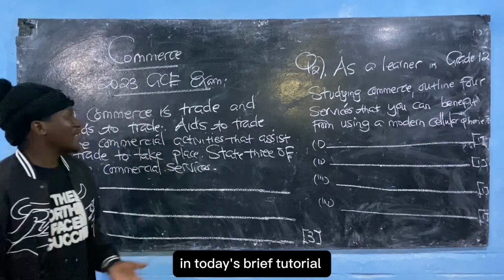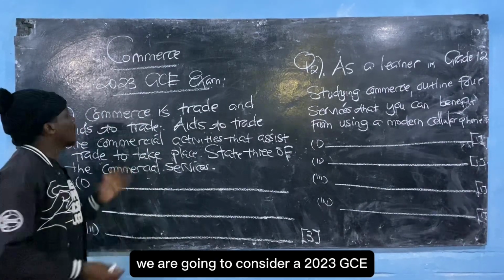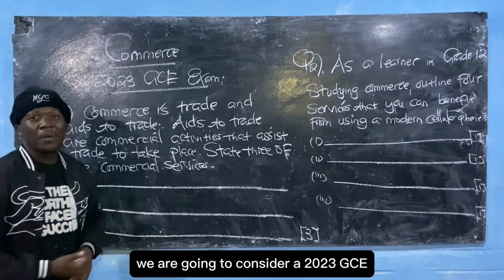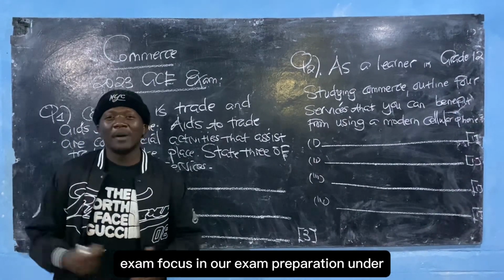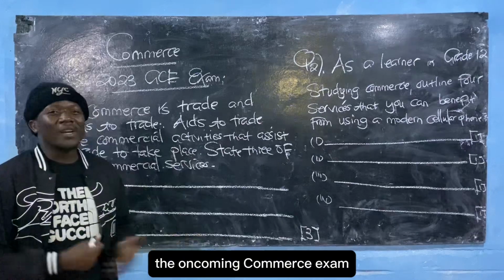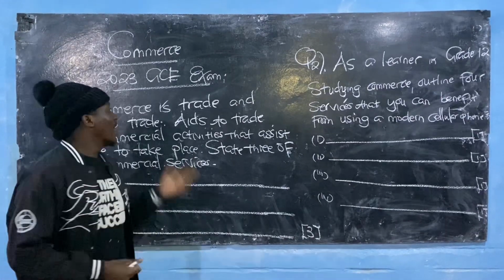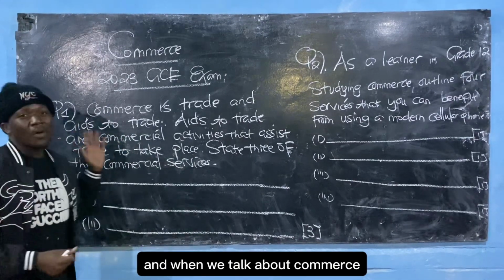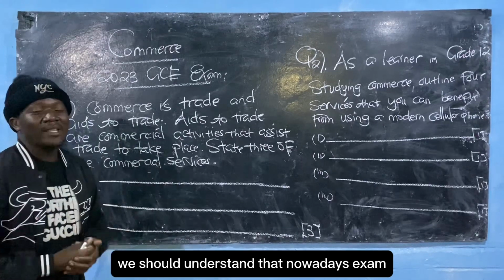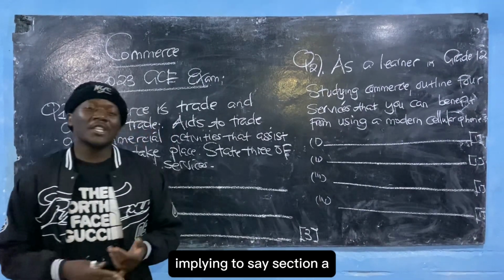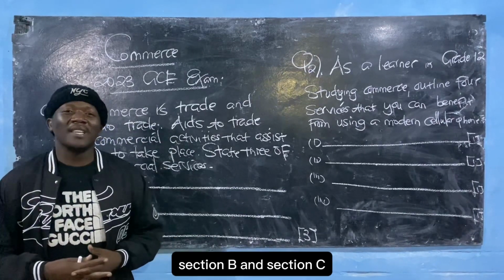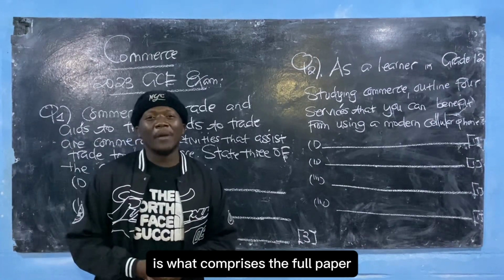In today's brief tutorial, we are going to consider a 2023 GCE exam, focusing our exam preparation under the oncoming commerce exam. When we talk about commerce, we should understand that nowadays the exam is a composite paper, implying section A, section B, and section C comprise the full paper.